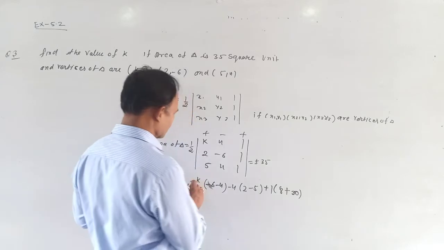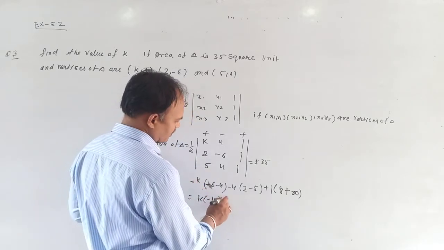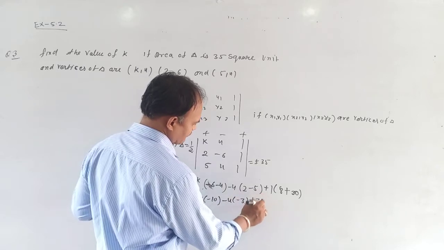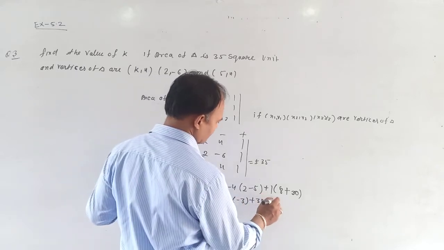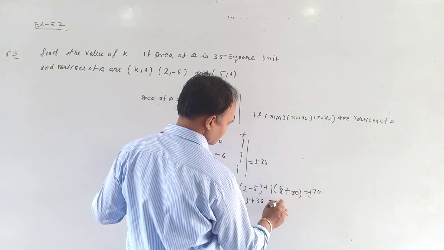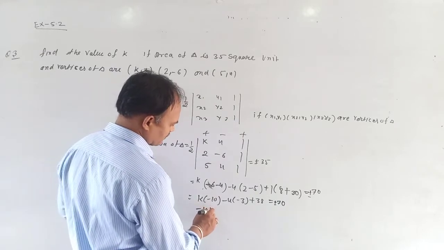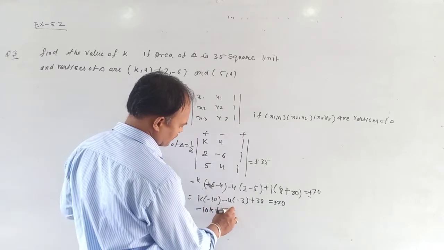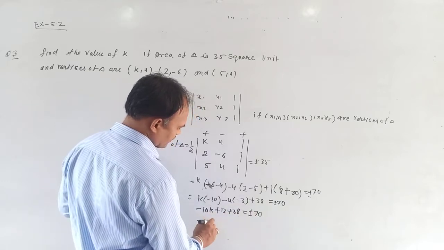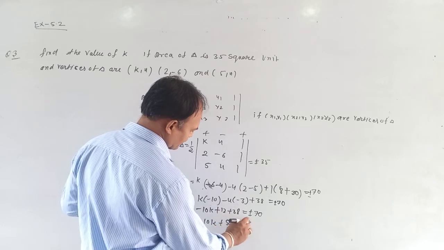Okay, so what about here? It is k times minus 10, minus 4 times minus 3, and minus 38, equal to plus minus 70. So it is minus 10k plus 12 minus 38 equal plus minus 70, which gives minus 10k plus 50 equal plus minus 70.